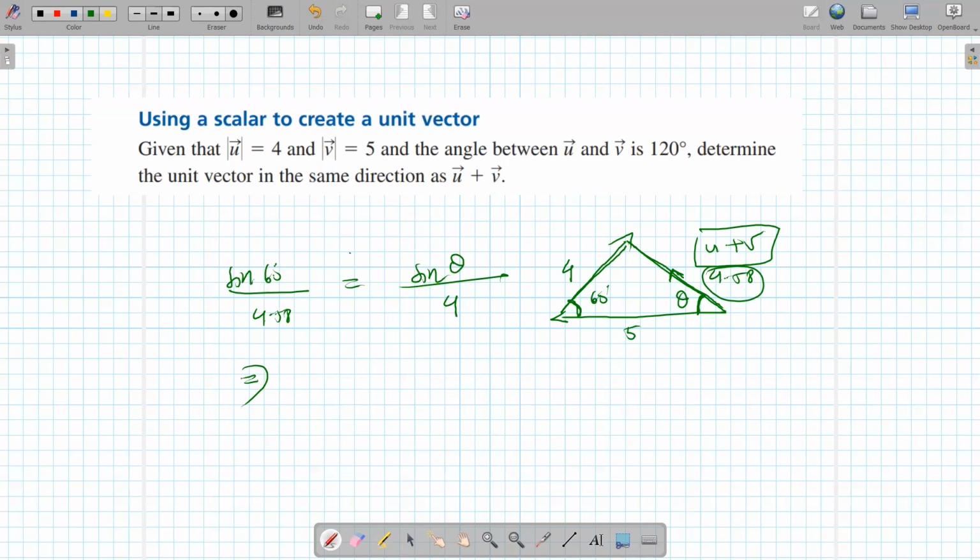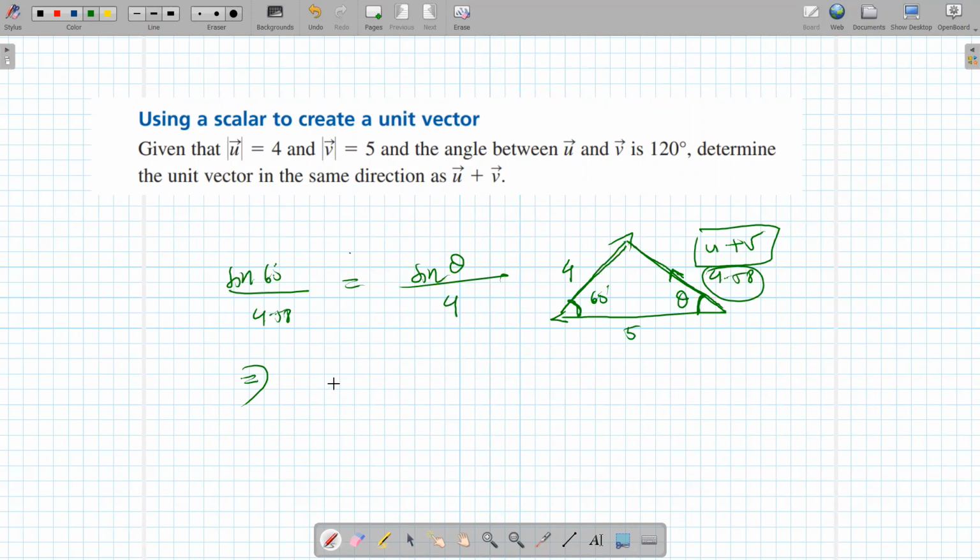Try to give me the angle. What did you get? It's giving me error.